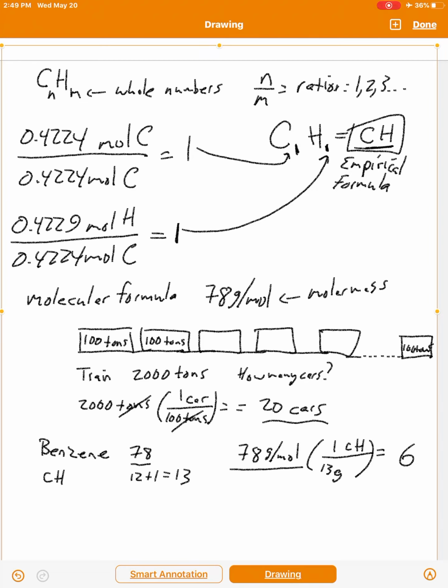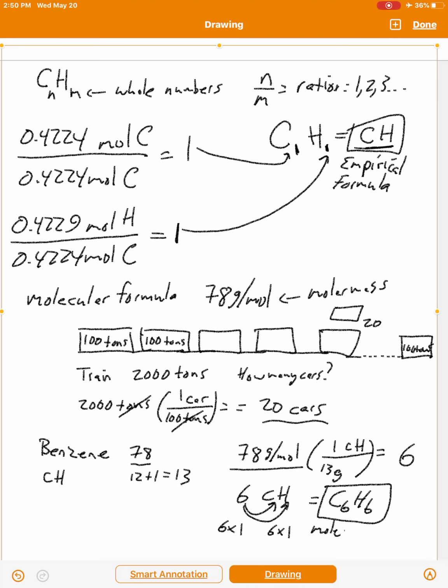So that means you have 6 of the CHs. Now, we don't write it as 6CH. We write it as 6 times 1. 1 is the subscript. And 6 times 1. So we get C6H6. Just like with the train, we would say that it's one of these, but you've got 20 of them. Okay? So subscripts. This is the molecular formula.